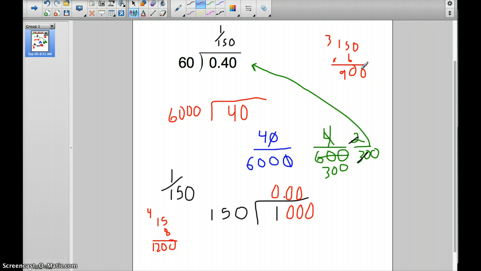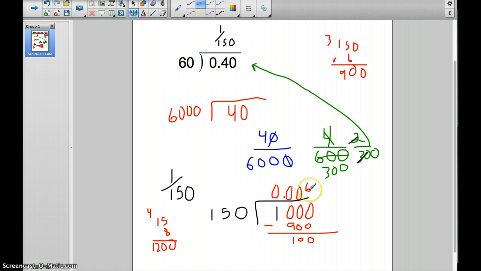That seems like it would fit without going over. So 150 times 6 is 900, which I'll subtract, and now I'll have 100, and I'll go again.